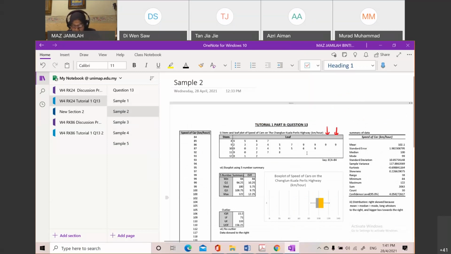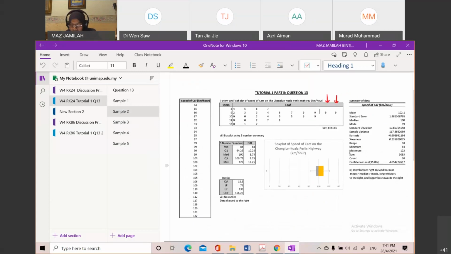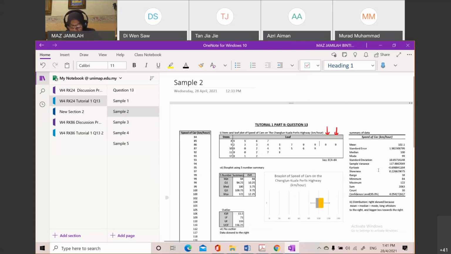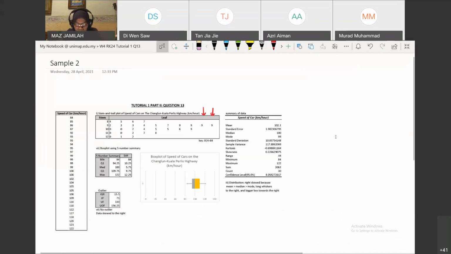For the second sample, I believe the answer for the second question would be using this one, also using Excel. Now let us look at this sample first. If you were to find the mean, this will be the mean, mode, and median.